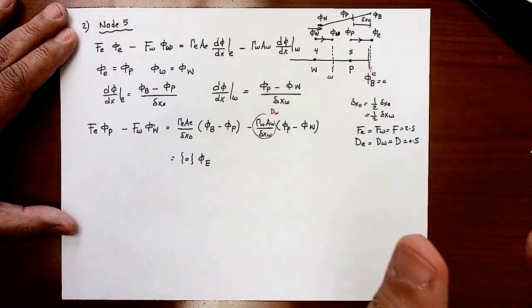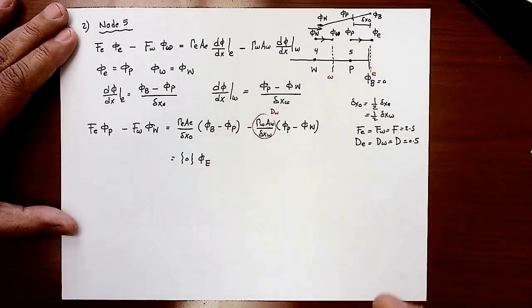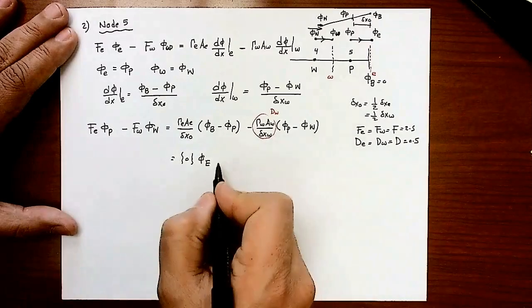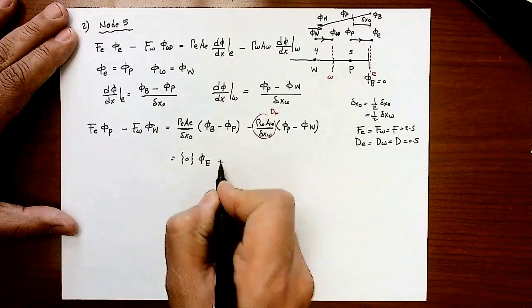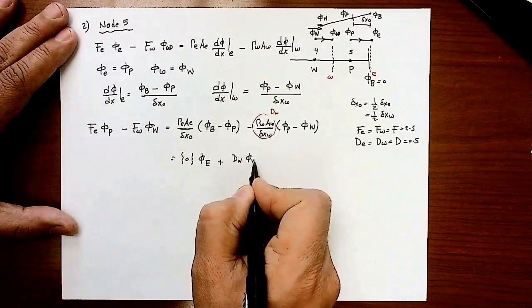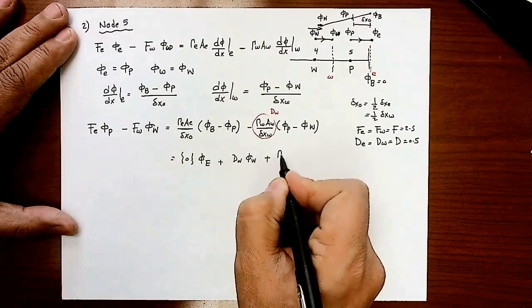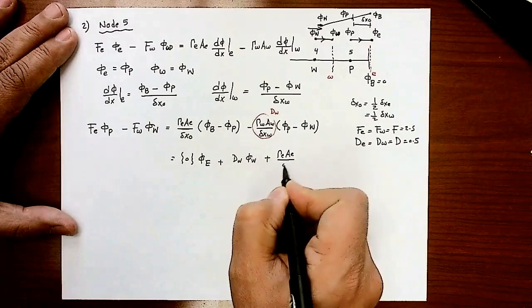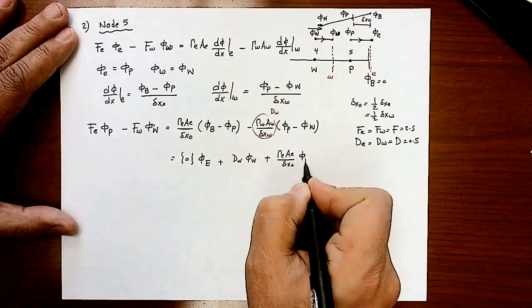I know numerically it is double the D east, or 2D, but I cannot call it D east, so keep it that way. So I will have plus D west phi west, and I will have kappa east A east over delta x node phi B.